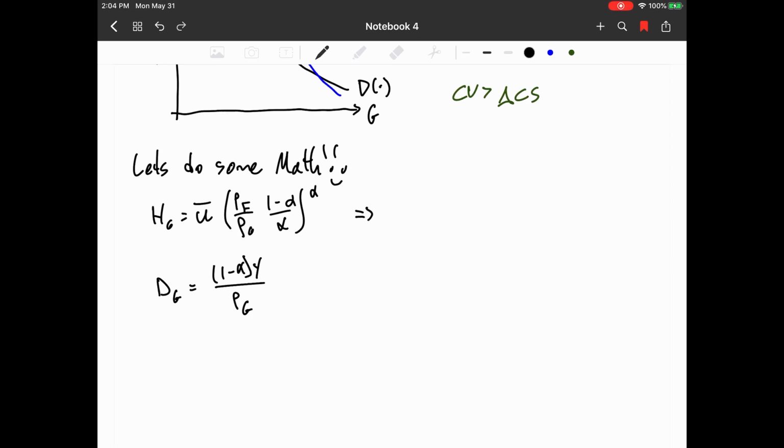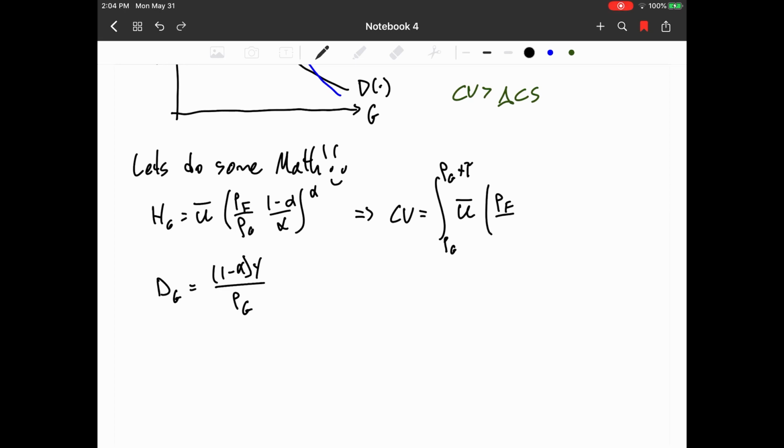So first we're going to use the Hicksian demand to calculate compensating variation for the tax. Again, compensating variation is just the integral from PG to PG plus tau over the Hicksian. So in this case, we'll just substitute in our Hicksian.